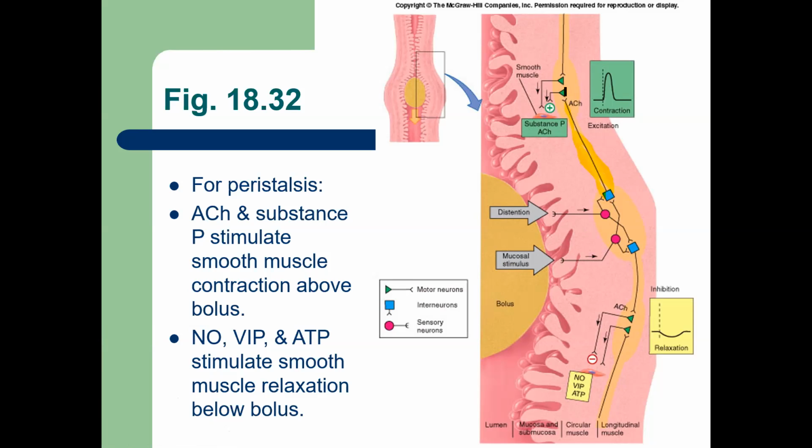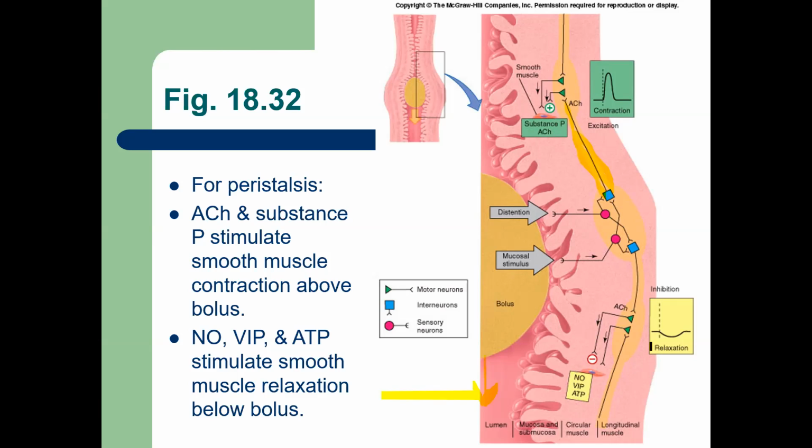Acetylcholine is going to cause these to release substance P and acetylcholine, and these will cause relaxation. Oh, wait, sorry, which direction? Oh, no, sorry. These will tend to cause contraction. Your food bolus is moving in this direction. So this will cause contraction, whereas this one is going to go in this direction and will activate neurons that release nitric oxide, vasoactive intestinal peptide, and ATP.